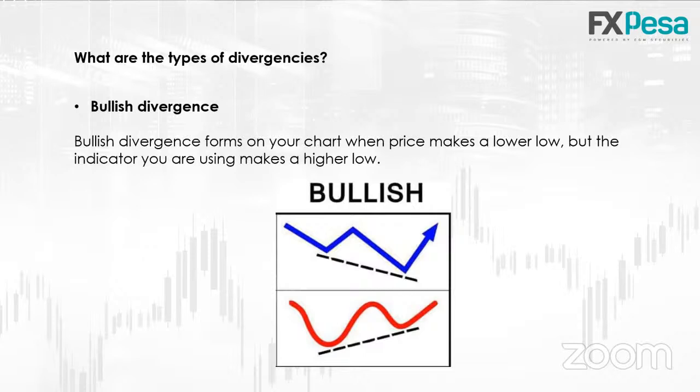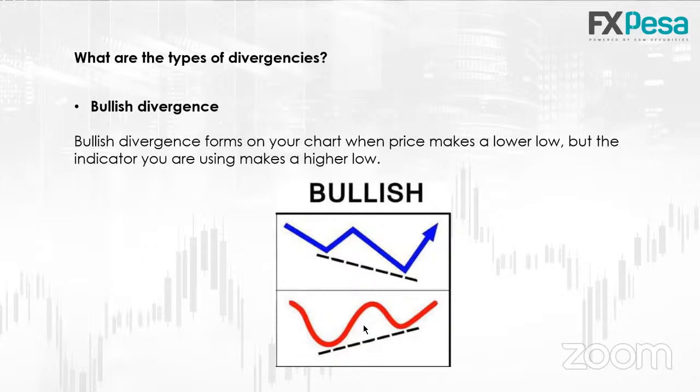Exactly. So there are primarily two types of divergences. We've made this a bit straightforward. The first one is a bullish divergence, and then we have the bearish divergence. This is assuming you have some sort of oscillator on your charts. A bullish divergence happens when the price is forming lower lows, as indicated here.